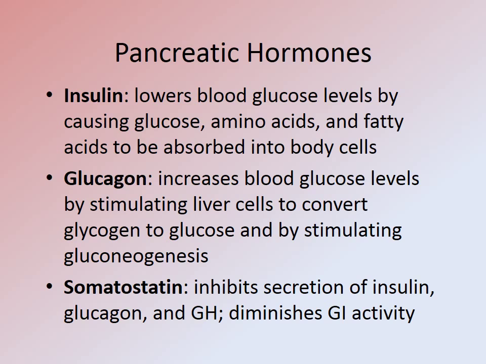If, for example, I become really hungry and I haven't eaten in like 24 hours and my blood sugar level is going really, really low, my pancreas is going to say, wait a minute, we're hypoglycemic here and I can't let this happen. So it's actually going to secrete a hormone called glucagon, which is going to help increase my blood glucose levels to acceptable levels. And then somatostatin inhibits secretion of insulin and glucagon and growth hormone, and also diminishes GI activity.